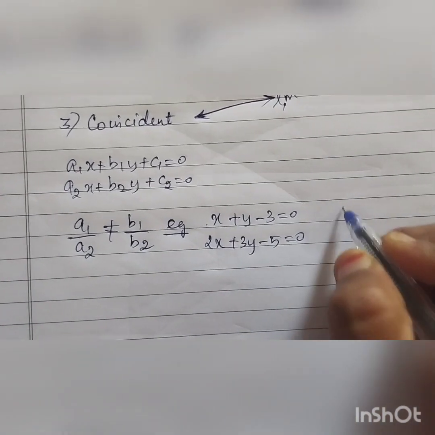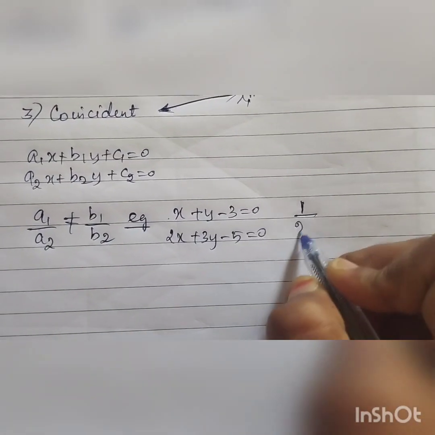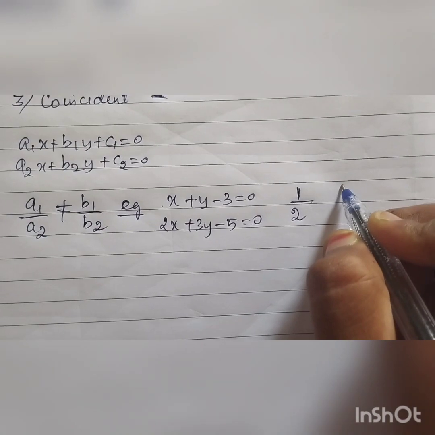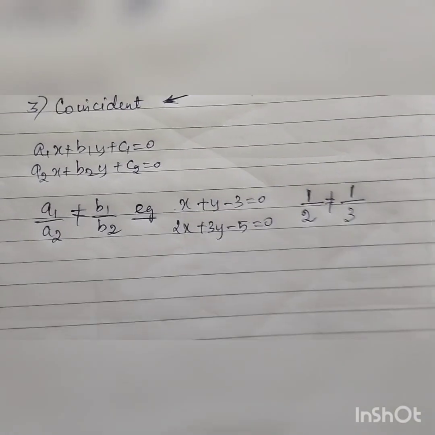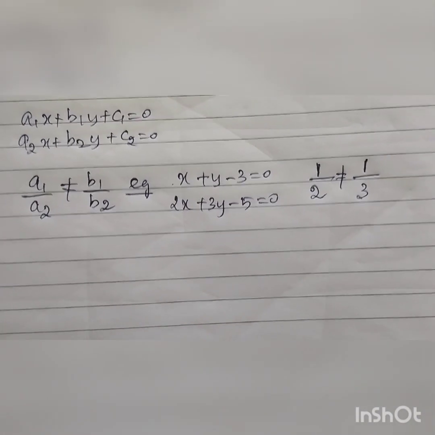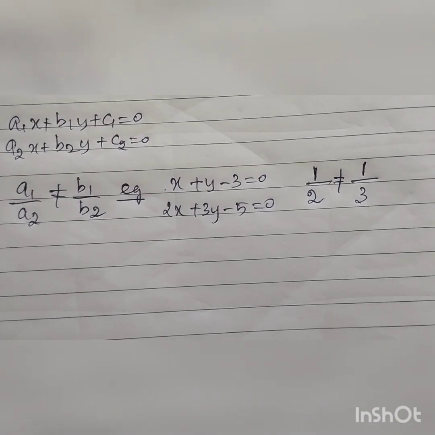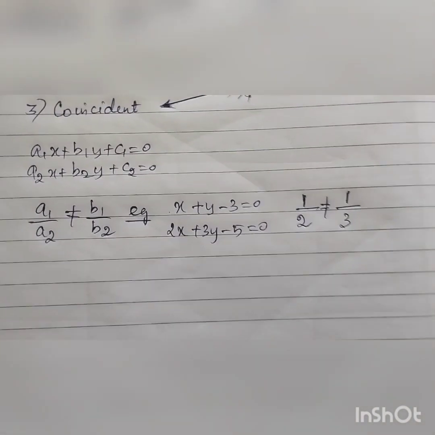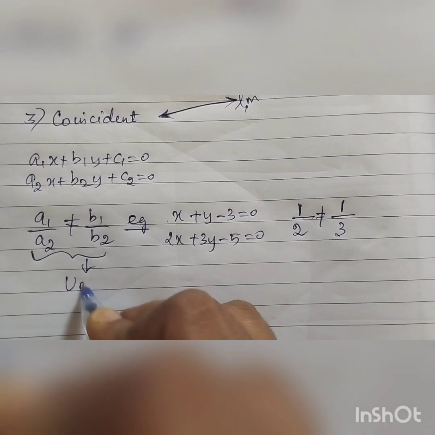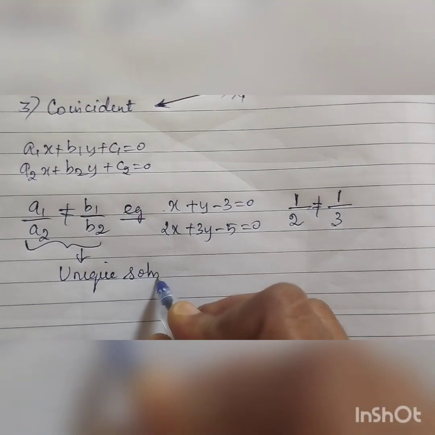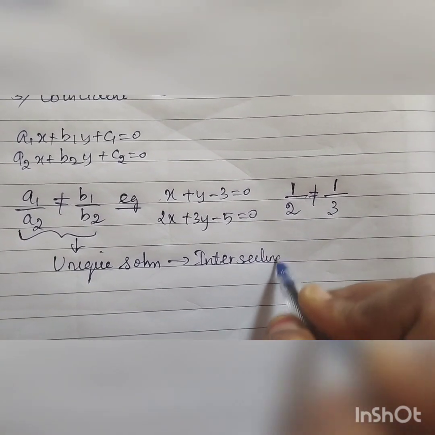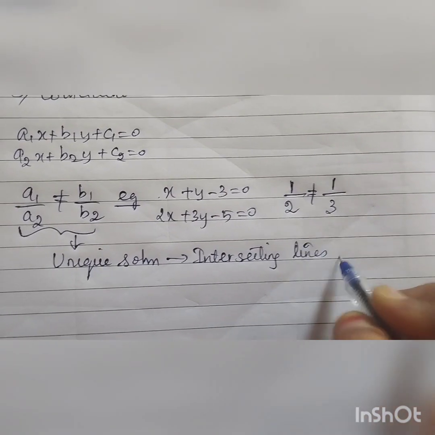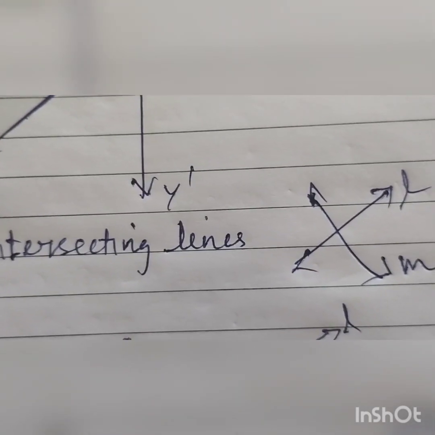My a1 is 1 and a2 is 2, my b1 is 1 and b2 is 3. The ratios are not equal. So if the ratios are not equal, then it has a unique solution and they are intersecting lines. That means it will be like this.